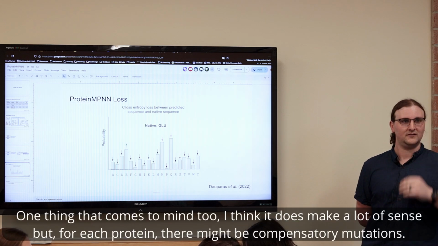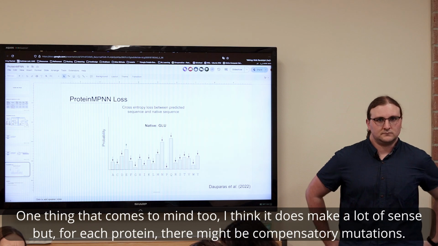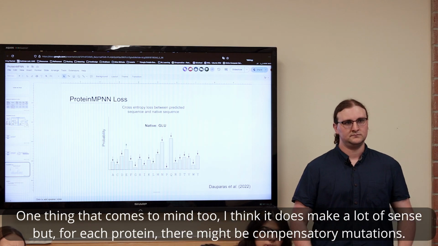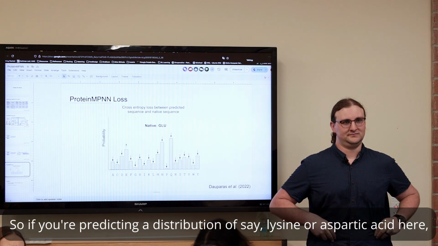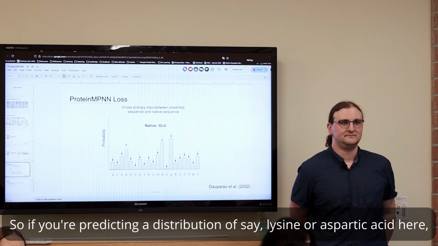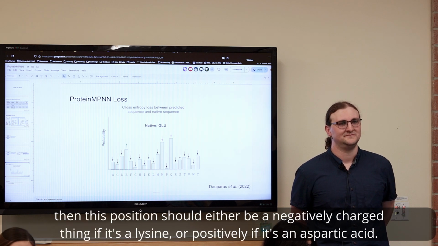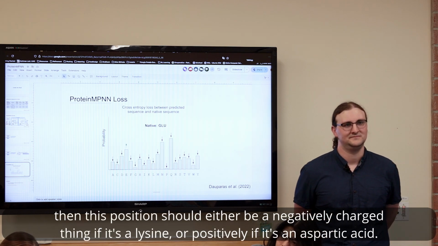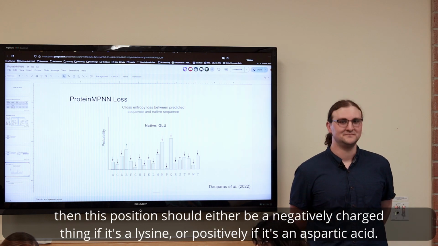Well, one thing that comes to mind too, I think it does make a lot of sense, but for each protein, there might be compensatory mutations. And so if you're predicting a distribution of, say, lysine or aspartic acid here, then this position should either be a negatively charged residue if it's a lysine or positively charged if it's an aspartic acid.